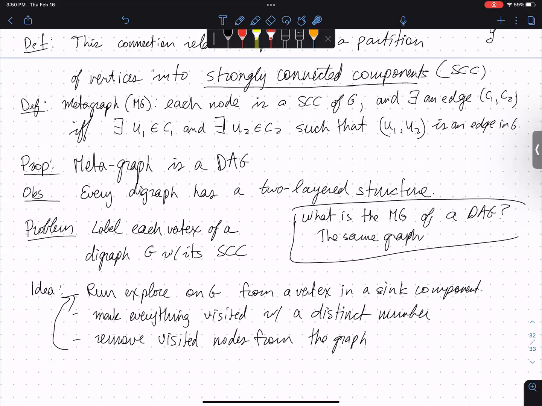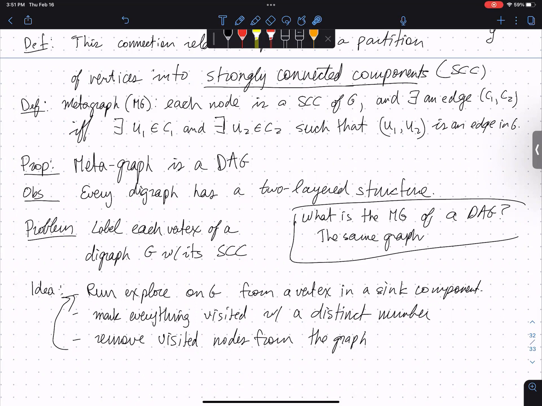Okay, so let's get to the main question now, which is how do we find a node in the sink? I'm going to answer something else. I'm going to tell you how to find a node in the source.